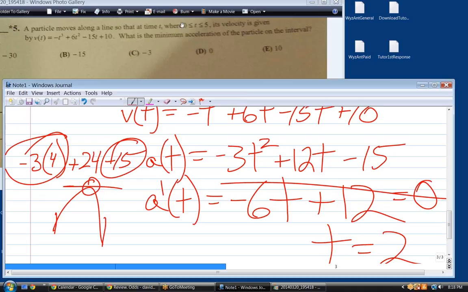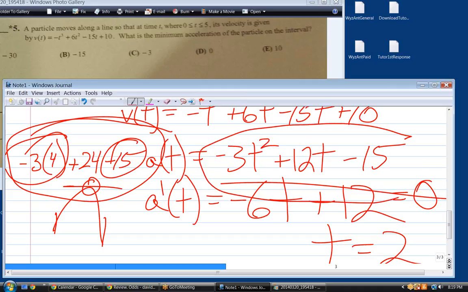And the endpoints are 0 and 5, and when I plug in 5, I get minus 30, which is smaller than this point. So this was actually the correct way to do it, not the way I did it before. Because for one thing, this gives me all the points, the decimal points. I'm not just stuck with integers.